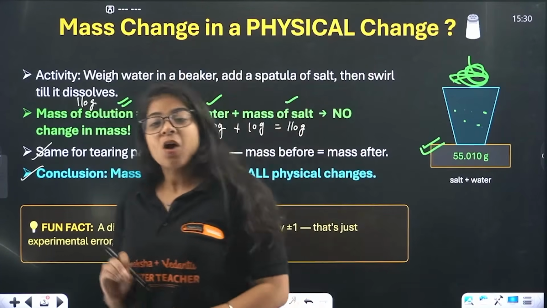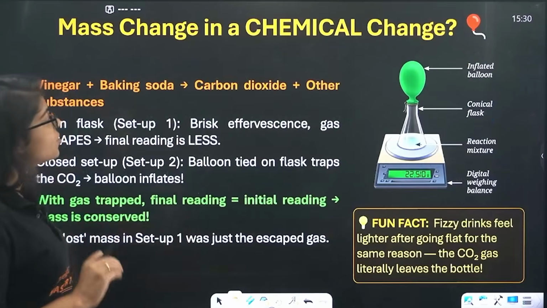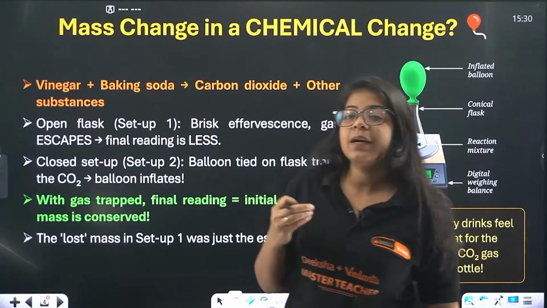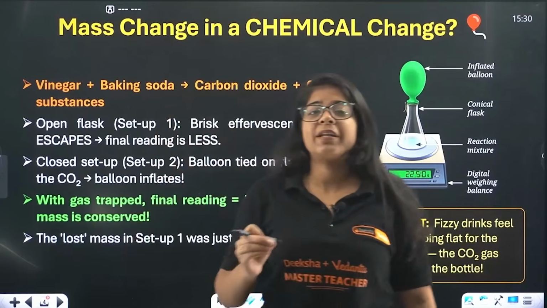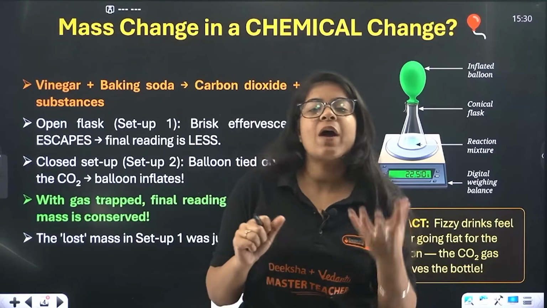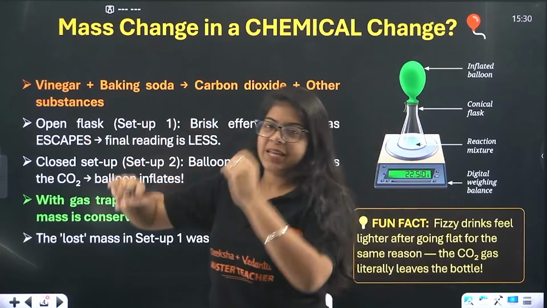Okay? Now coming back to the important topic, beta, that is mass change in chemical change. Now what is the main thing here? Now again one more activity. Beta, vinegar is what? Vinegar is, ma'am, acid, plus you add baking soda. Baking soda is what? Base. So we'll get some reactions, right?